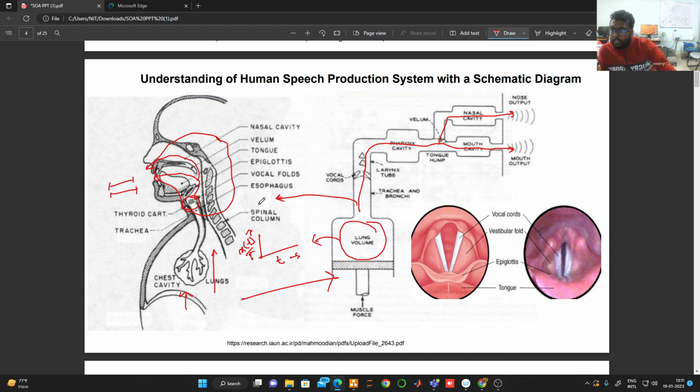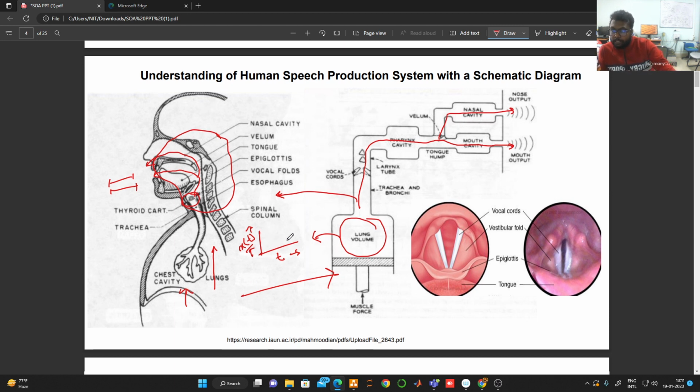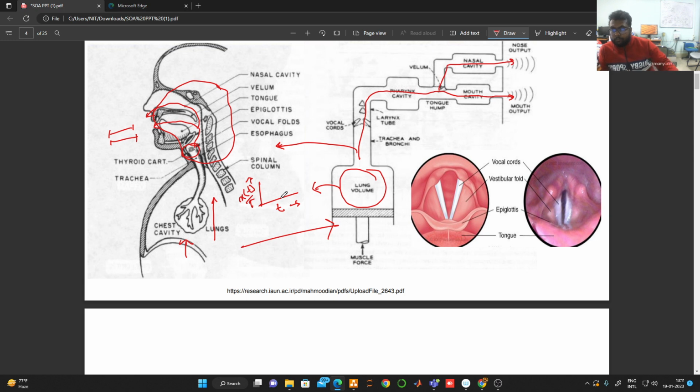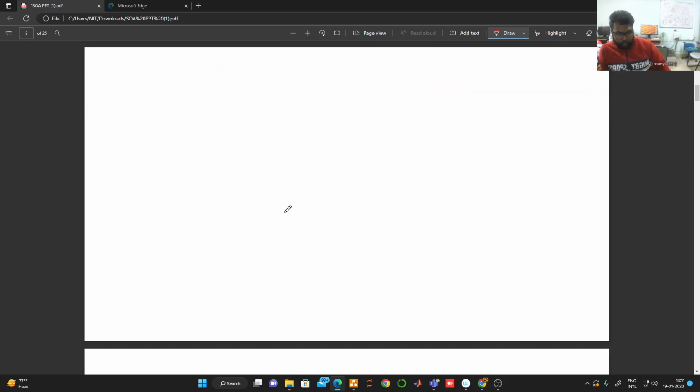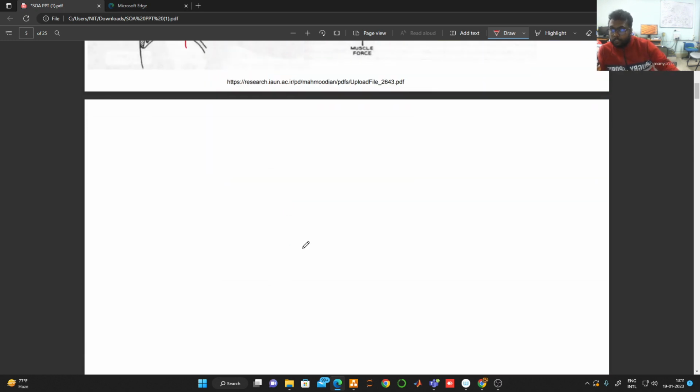Now the whole thing can be understood in this way. Say, for example, in terms of digital speech processing, x(t) is a signal, and this is, say, the glottal impulse.